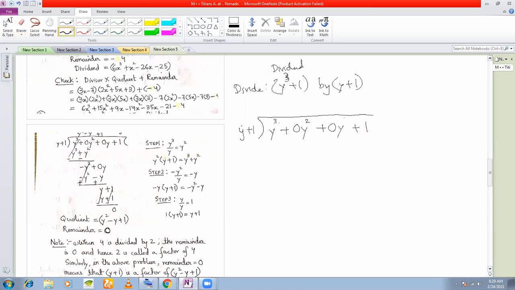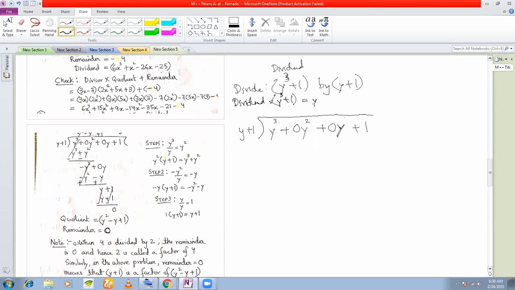But why are we doing that? We'll see later. But you know how to write in descending powers, right? Sir, why will we write 0 y square? Can you please explain it once more? Yes. The dividend here is y cube plus 1, right? Now, the power of y starts from 3 and will continue till power 1 or 0.